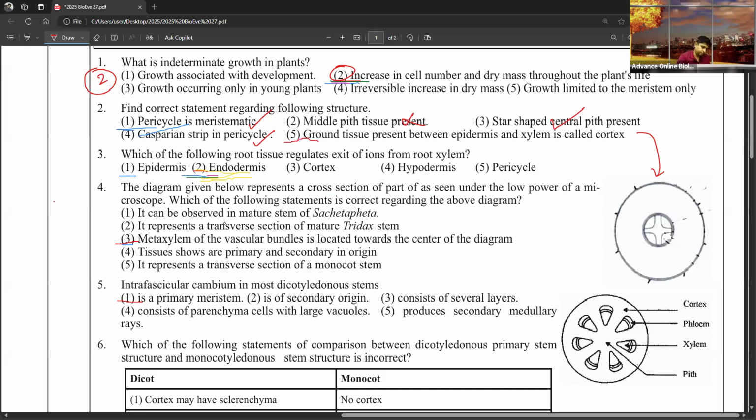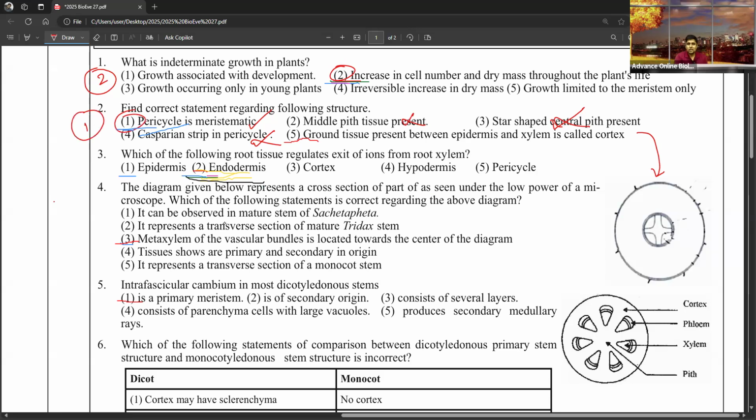They're asking for the correct statement, right? So we'll go with the first one as the answer.